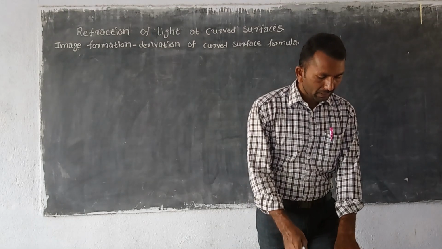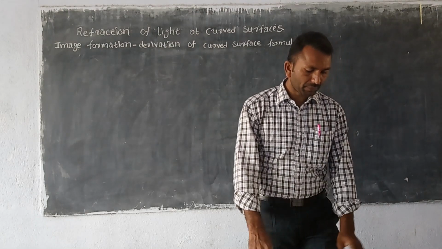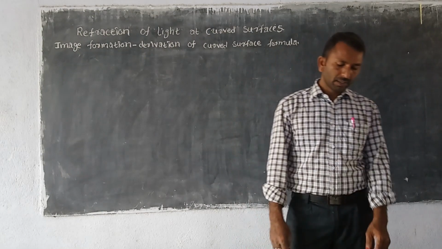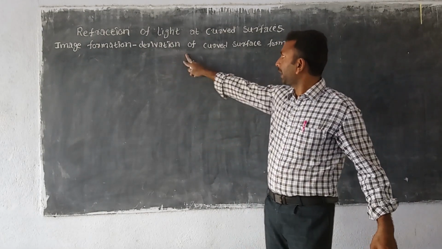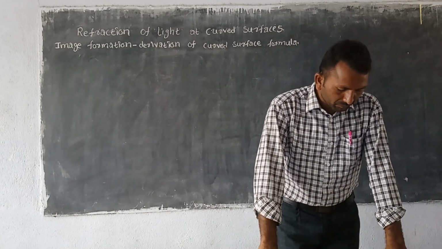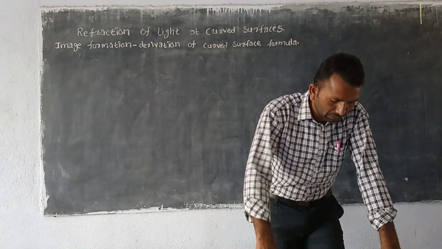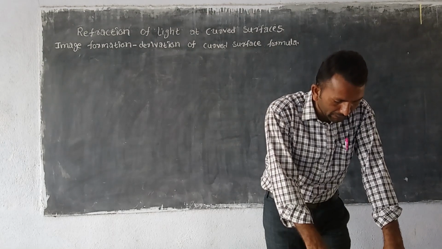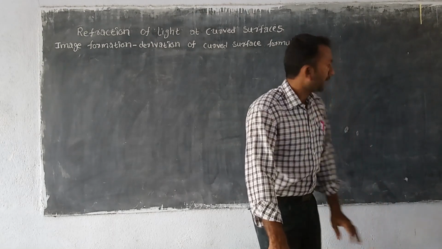Can you draw a ray diagram to explain this phenomenon? Let us find out. This is image formation and the derivation of the curved surface formula. First, consider a curved surface separating two media of refractive indices n1 and n2.